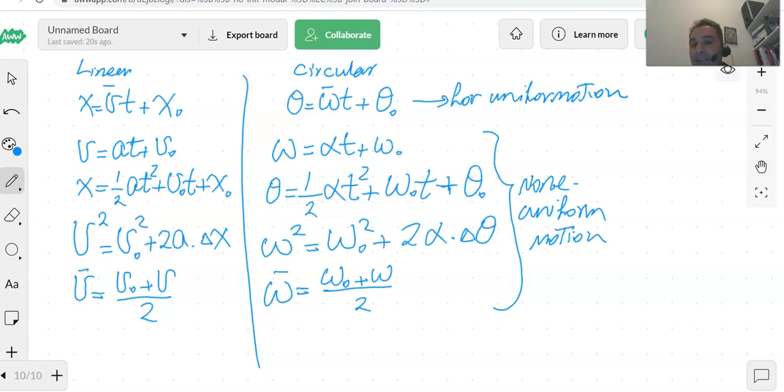You do not have acceleration, so that is called uniform circular motion. Now you are in the circle, but you push the gas. You increase, you decrease, you push the brake, then you push the gas. So this is called non-uniform motion. You do have acceleration, or deceleration, this time. Okay?